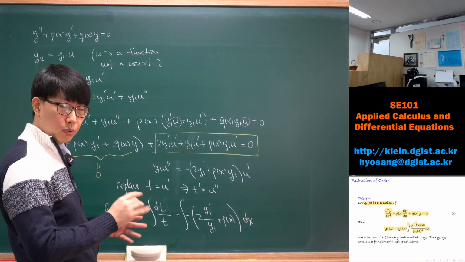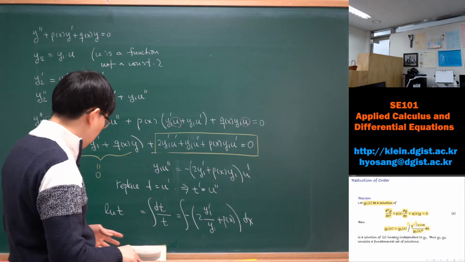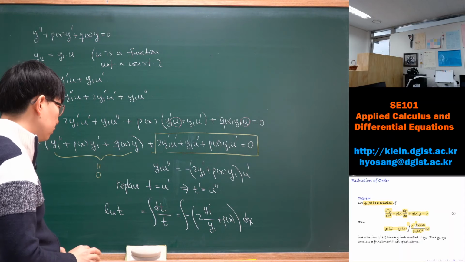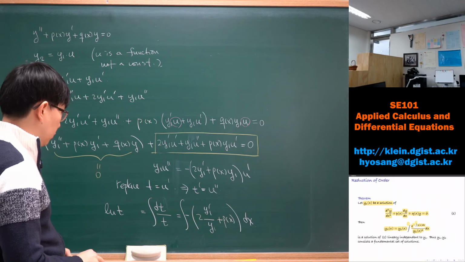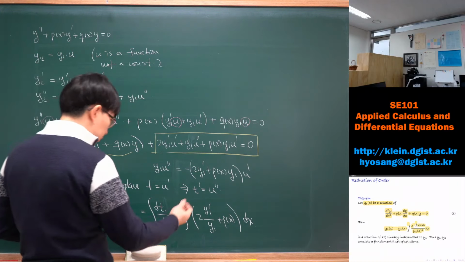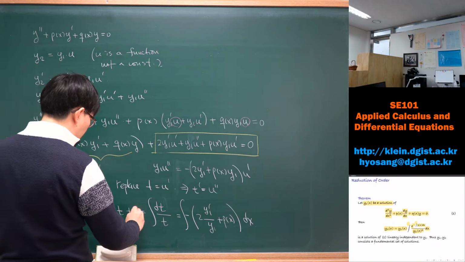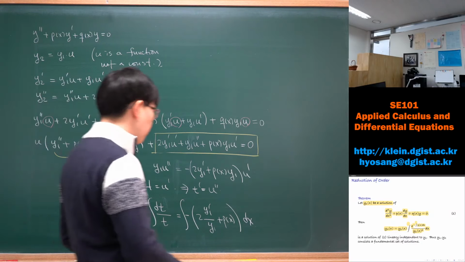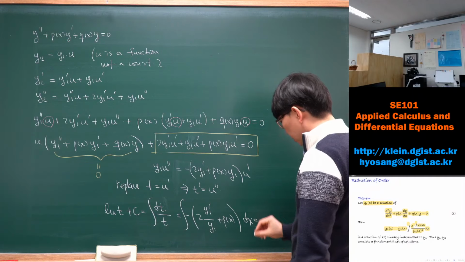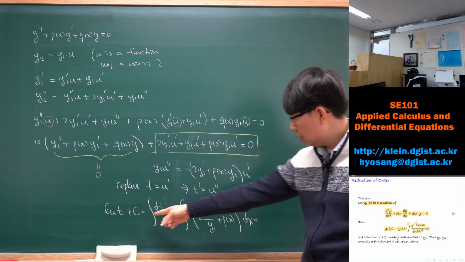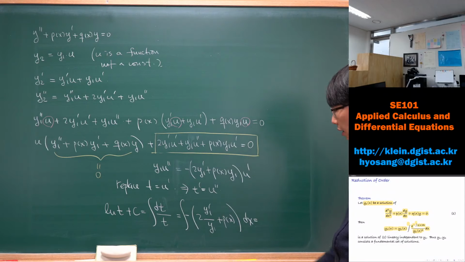And also I don't want to put the constant plus c because, well, suppose that I put some constant c on the left hand side, and you'll see why we don't really need the constant c later.